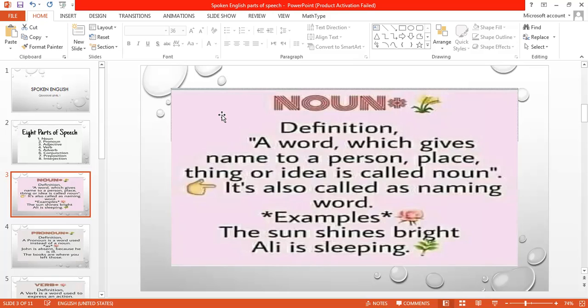Abstract noun means which doesn't have physical appearance. For example, bravery, honesty, truthfulness. These are abstract nouns. They don't have physical appearance, but they are nouns. In the same way, we have common nouns: wall, chair, ball.